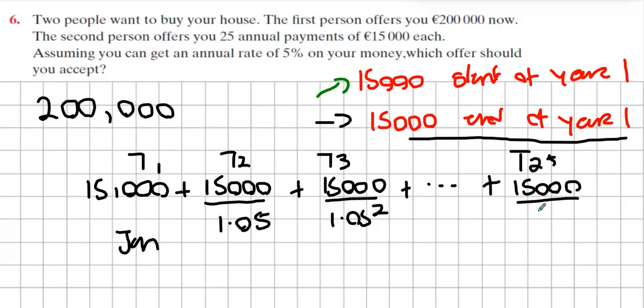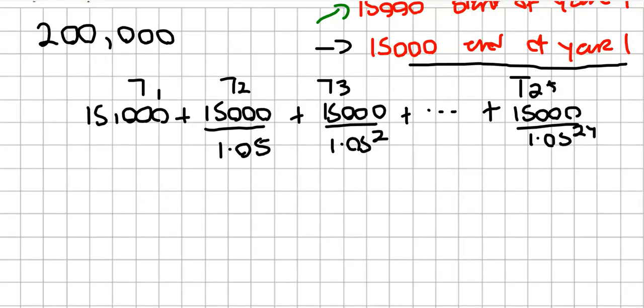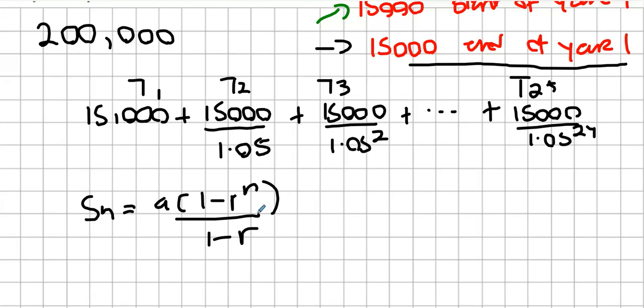Now, 1.05 to the power 24 for my first one, yeah? Now, look at this. You'll find they're both very easy to move between. Okay, so we're going to use Sn equals A(1 minus R^n) all over 1 minus R. Is that okay with you guys? Now, what can we say about this then, guys?